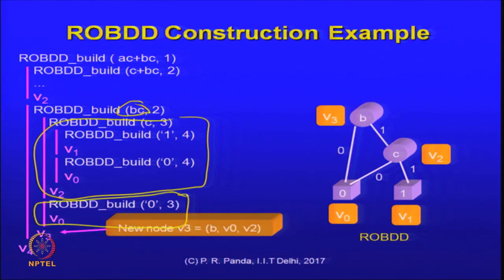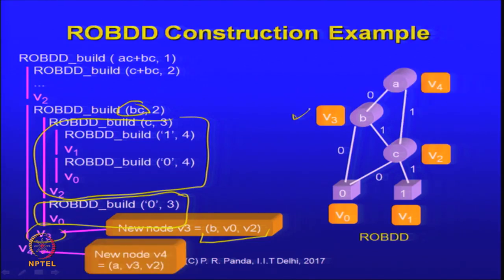So, nothing new here, but when I come here, now I am looking for a node in the hash table with B as the index. So, 2 as the index and V0 on the left and V2 on the right. Such a node is not yet there. So, I create a new node V3, that is essentially part of my new ROBDD that got created.